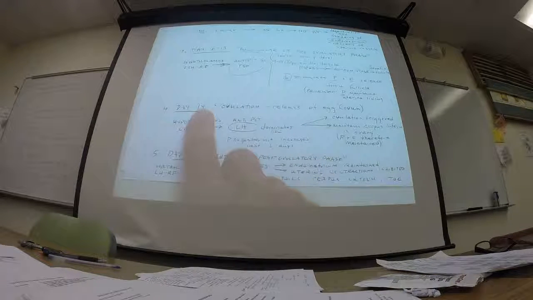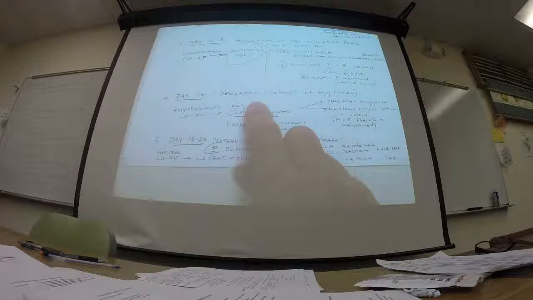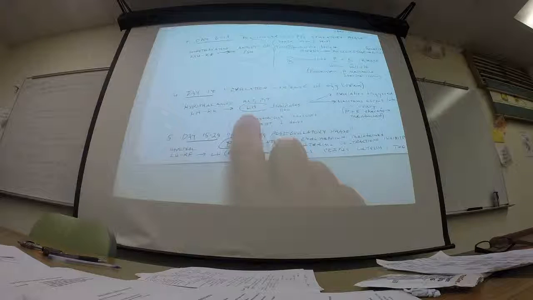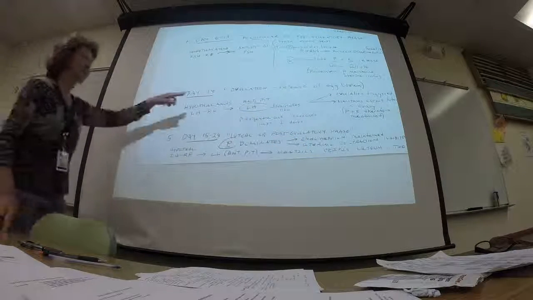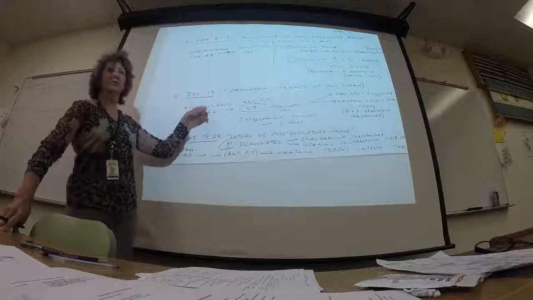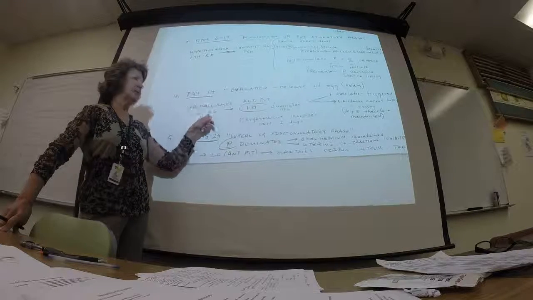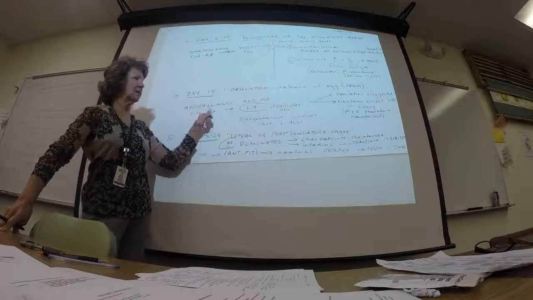Now it's day 14. Day 14 makes the egg rip out of your ovary wall. The dominant hormone now is luteinizing hormone. So again, it's from the anterior pituitary, so it's controlled by a releasing factor from your brain. Hypothalamus releases luteinizing hormone releasing factor.